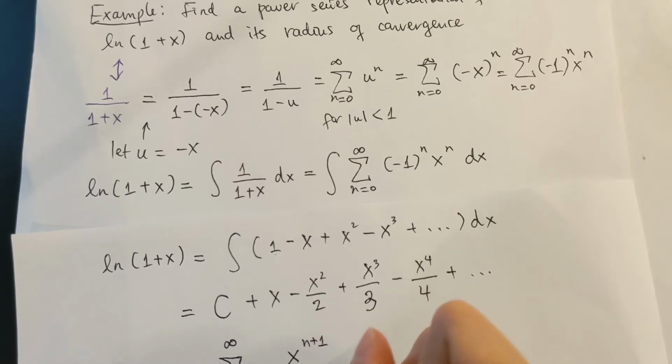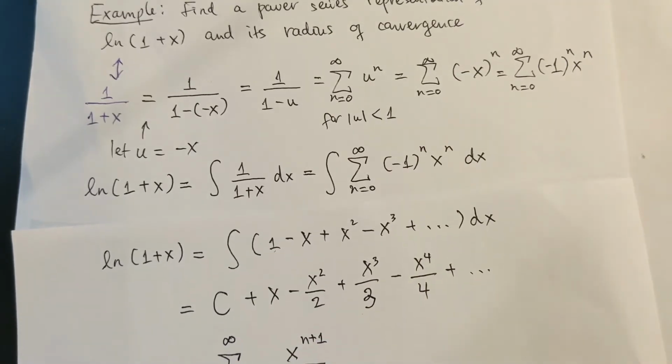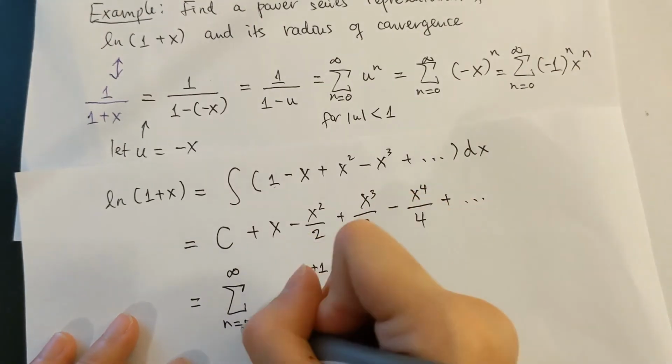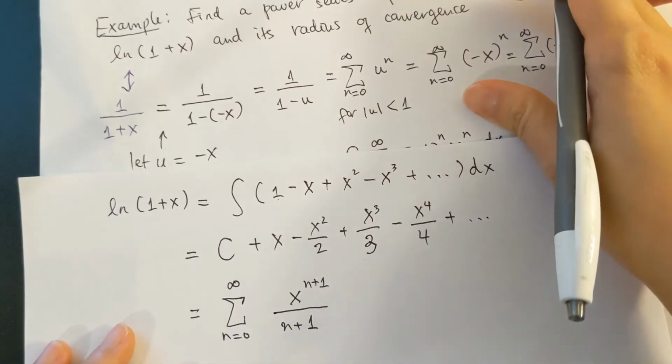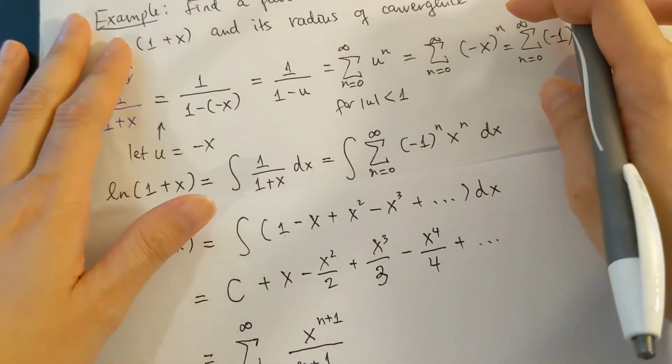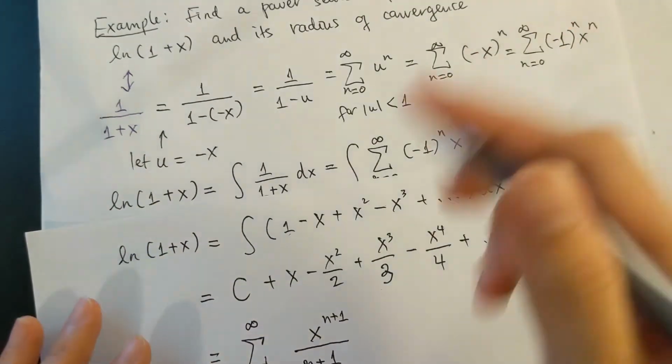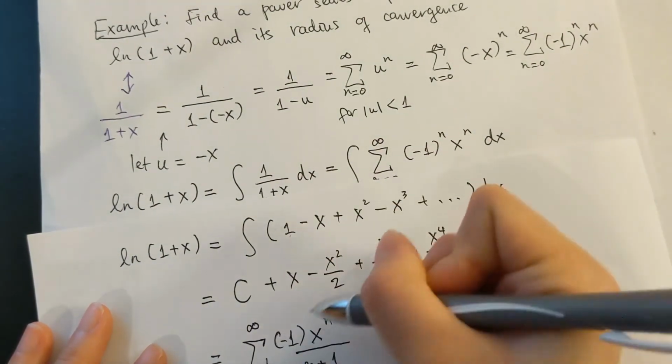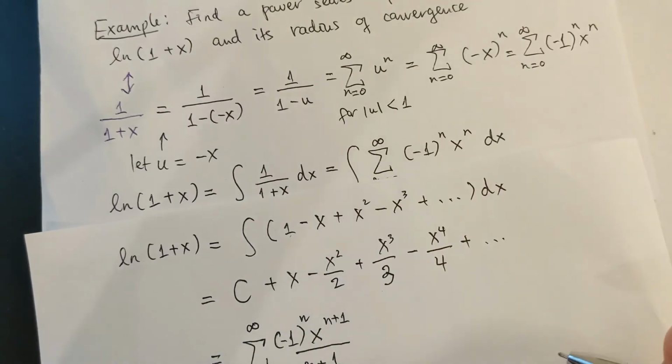Then I divide it by that same power, right? And our integral is only dependent on x, so this is minus 1 to the n.